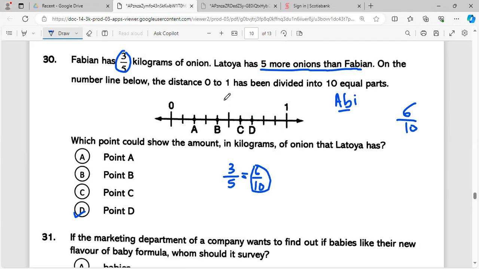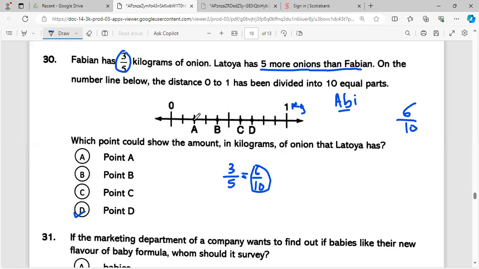All right, guys. Let me try to break it down in simpler terms. Now, from 0 to 1 kilogram, how many strokes exist between those? You literally have to go count them, right?